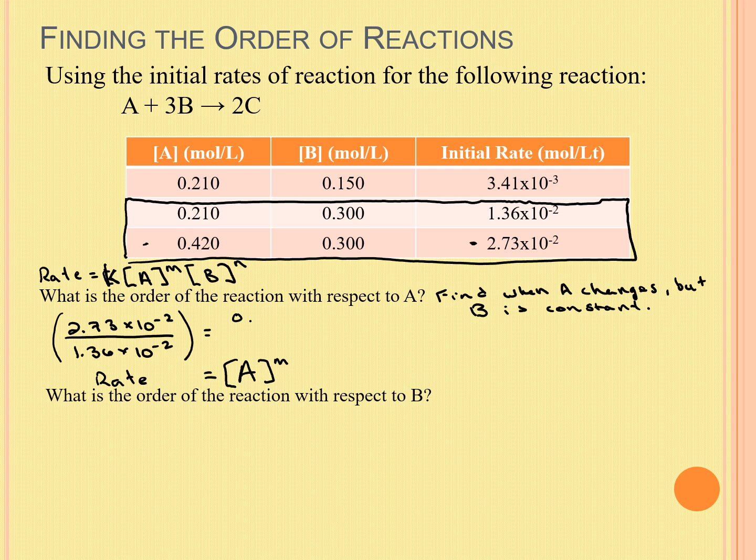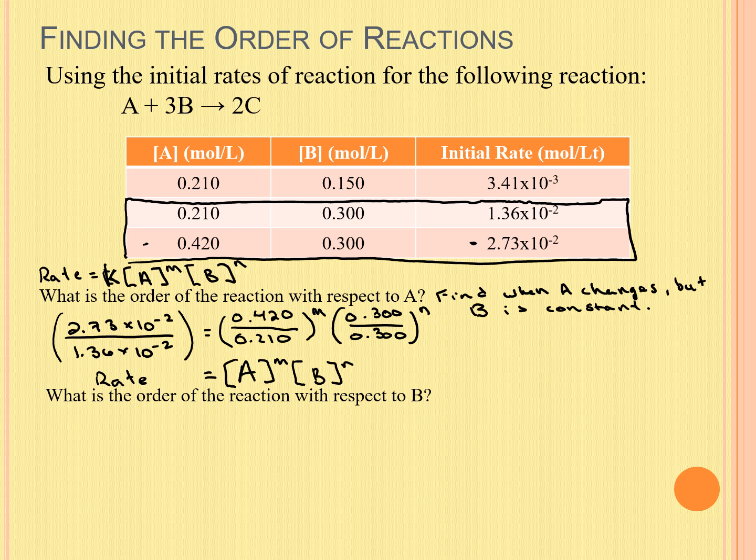I've got to stick with the same line, raised to the M, times B raised to N. So that's going to be 0.300 divided by 0.300 raised to N.